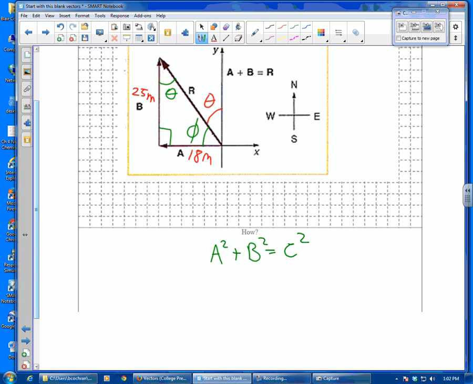And my a here is 18 meters, so that squared plus my b is 25 meters. And my c is labeled r, so that'd be r squared. I'll tell you the most common mistake mathematically next is to solve for r squared, not r.